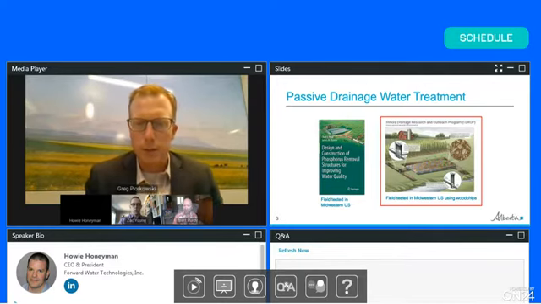This diagram here shows conceptually what a bioreactor is. We just divert some of the drainage, in this case from a subsurface drain, into a trench filled with high-carbon organic material.